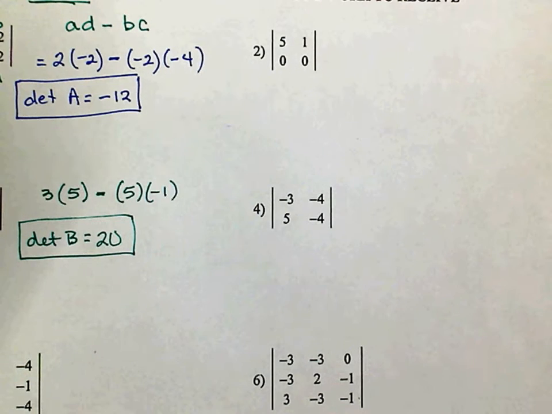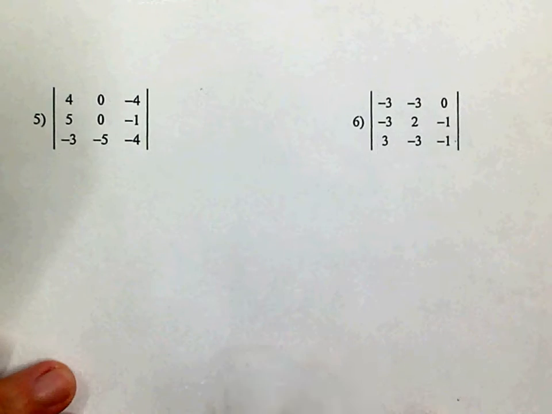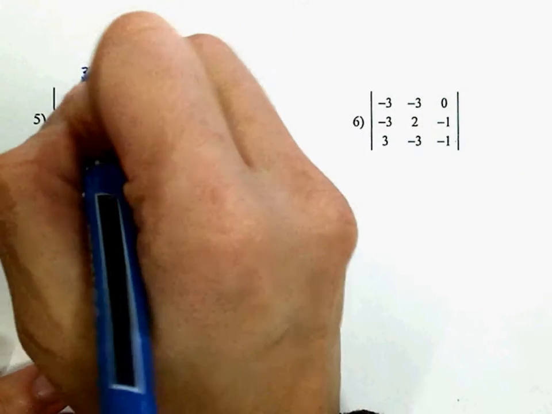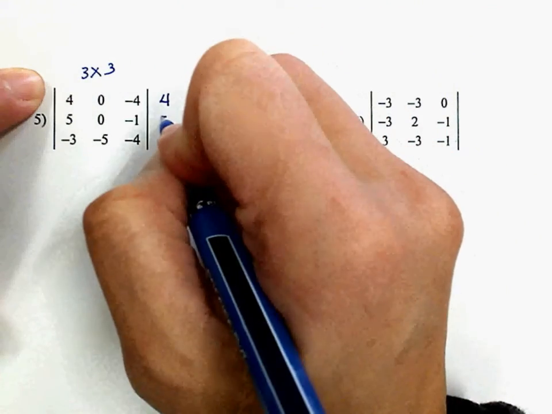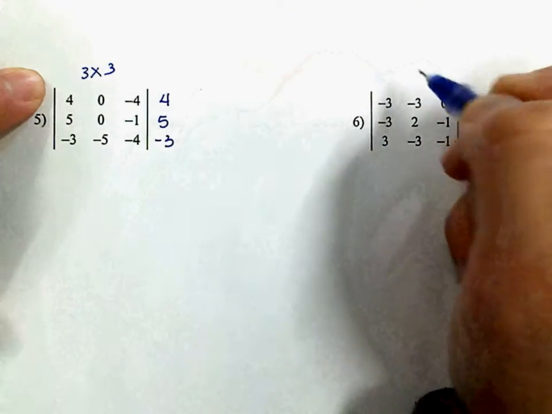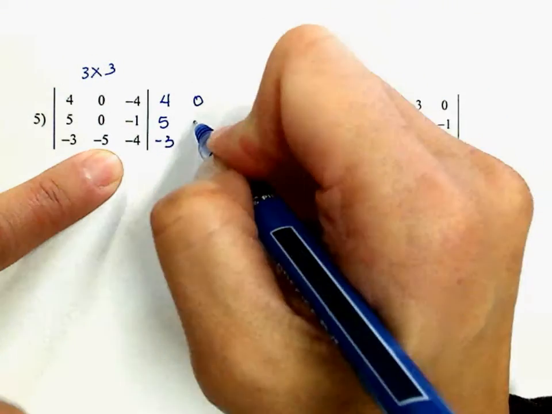For a 3 by 3, okay, it's a little different, but I need to see the work. Copy the first column, 4, 5, and negative 3. It's very orderly. Copy the second column, 0, 0, negative 5.